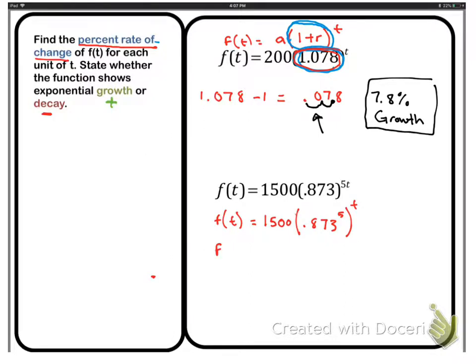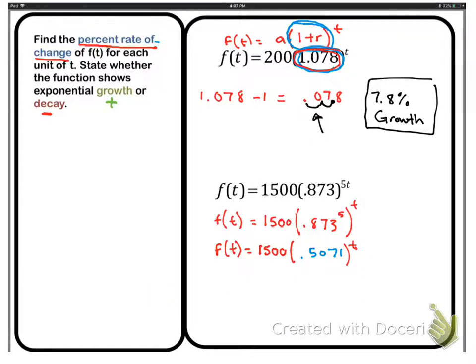I didn't simplify anything there. Equals 1,500, that stays the same, times, now that new number is 0.5071. And again, I rounded it to 4 decimal places, raised to the t power.